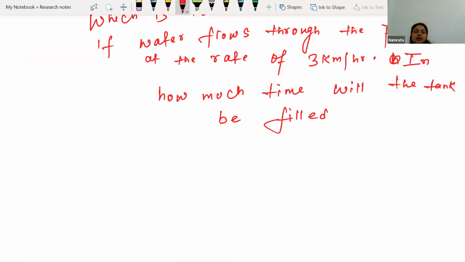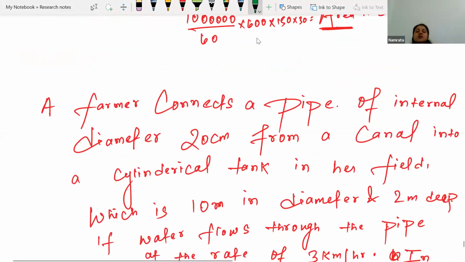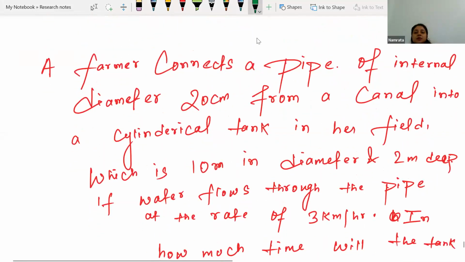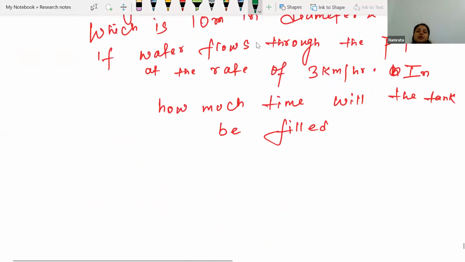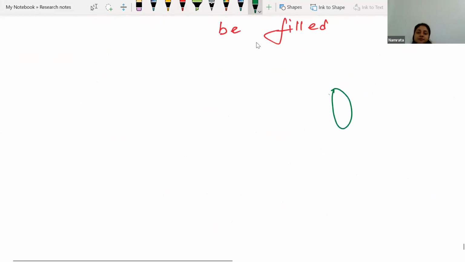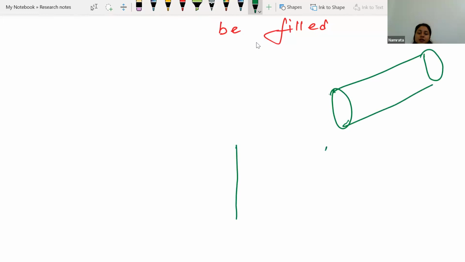Let's see what exactly the question says. So here the question says a farmer connects a pipe of internal diameter 20 centimeter from a canal into a cylindrical tank. So farmer is connecting a pipe like this into a cylindrical tank.